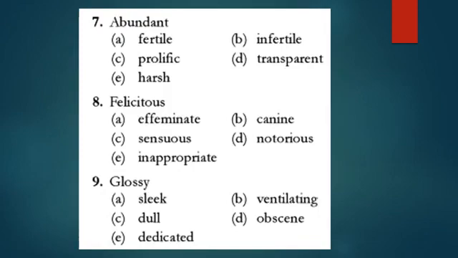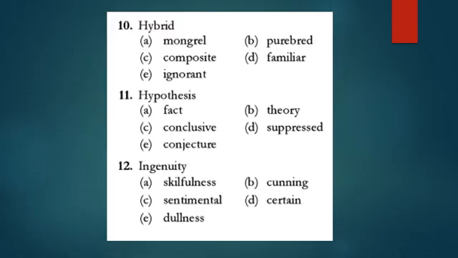Abundant: fertile, infertile, prolific, transparent, harsh. Felicitous: effeminate, canine, sensuous, notorious, inappropriate. Glossy: slick, ventilating, dull, obscene, dedicated. Hybrid: mongrel, purebred, composite, familiar, ignorant.